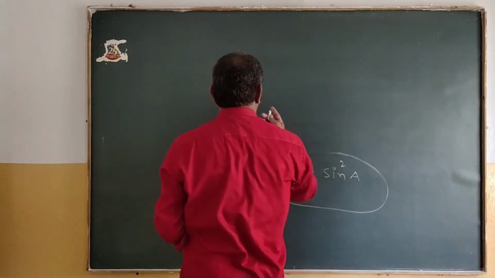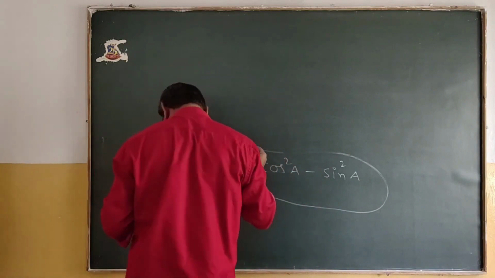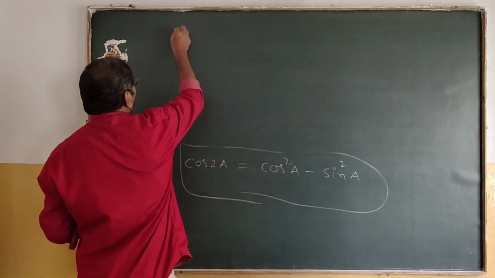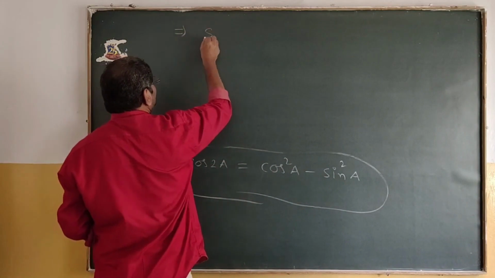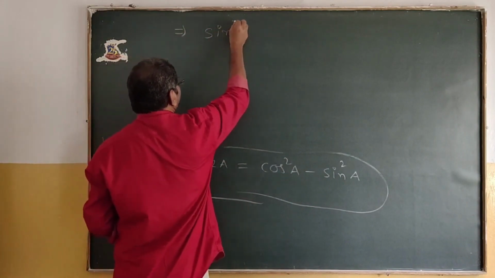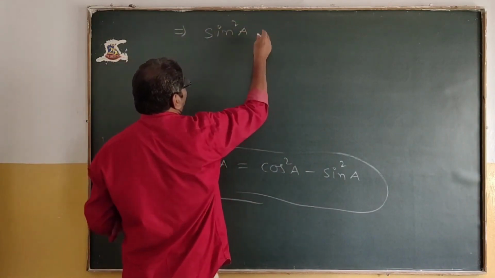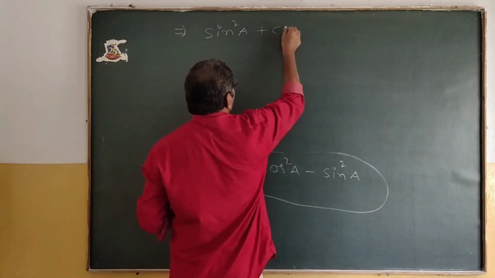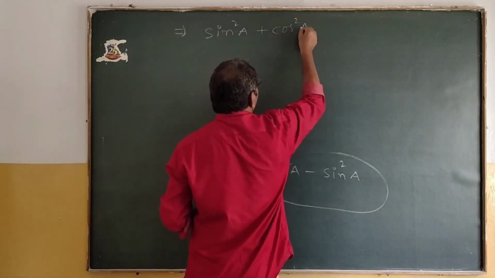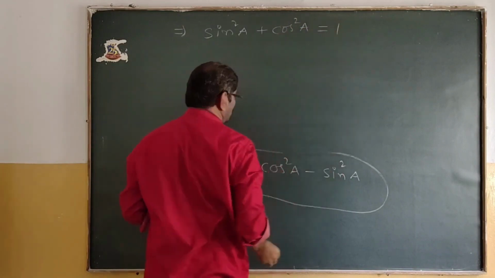You already know this identity: sin square A plus cos square A is equal to 1.